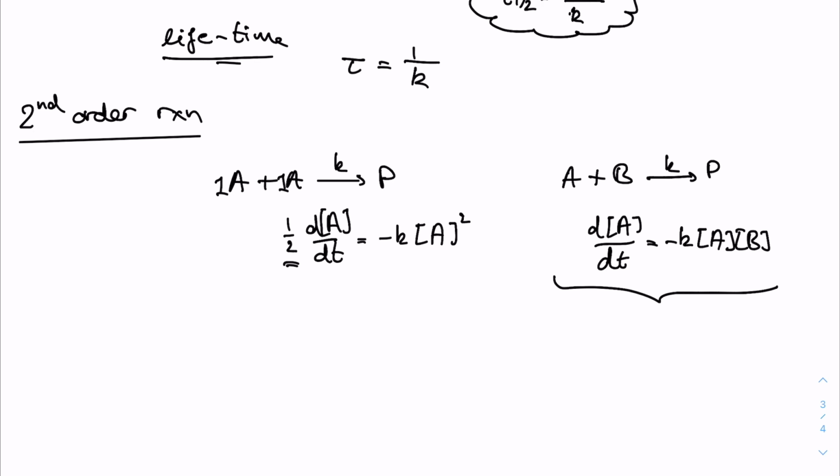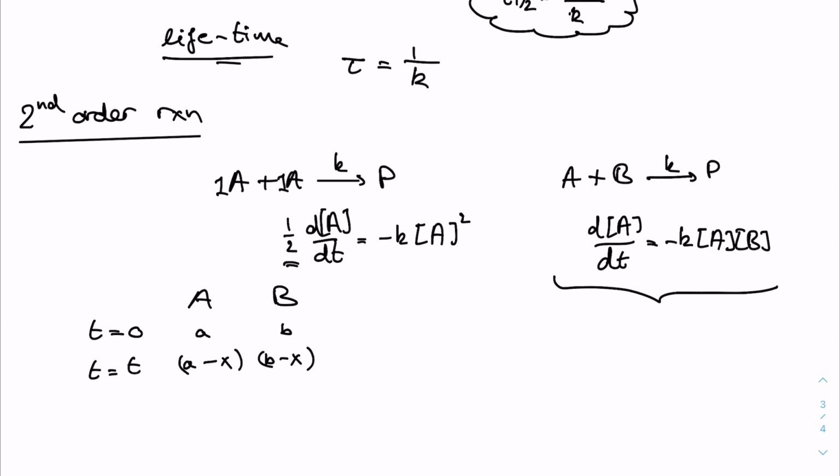So let's say at t equals 0, the concentration of A and the concentration B, I call it small a and small b. Then when you're at a time equals t, which can be any random time, you have the original amount of A, which is small a, minus x. That is what has been consumed already, right? And for B, we have the same as well. So those are the concentrations at time t.